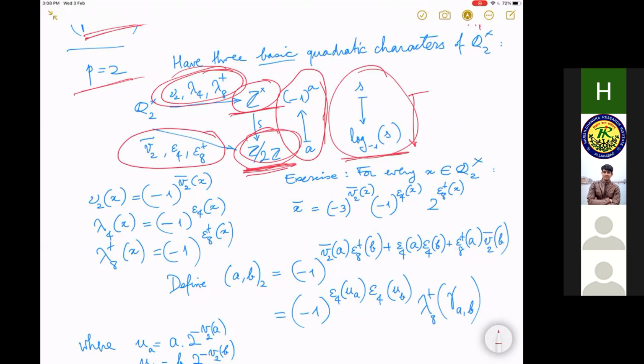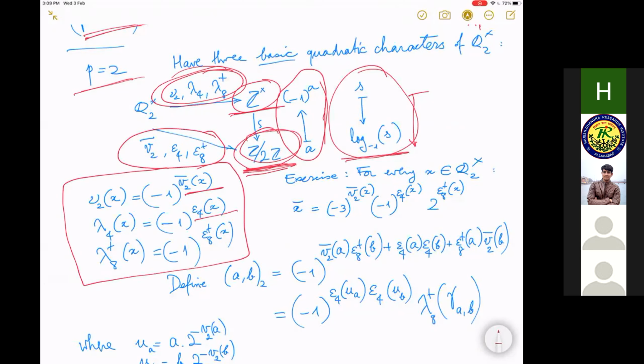So here is the explicit definition. This V2 bar is defined so that nu2 of x is just minus 1 to the power V2 bar of x for every x. And lambda 4 of x is minus 1 to the power epsilon 4 of x.